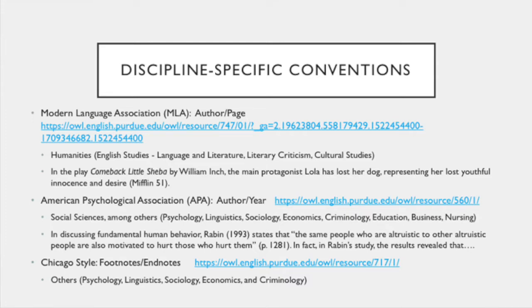I won't talk a lot about Chicago style in this lecture because most commonly used are MLA style and APA style or some variation on them, and particularly because they're most useful for undergraduates as well.